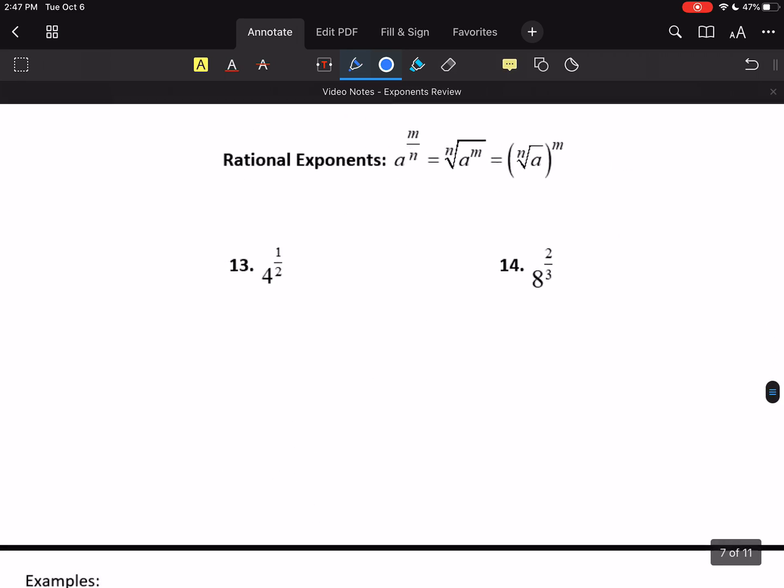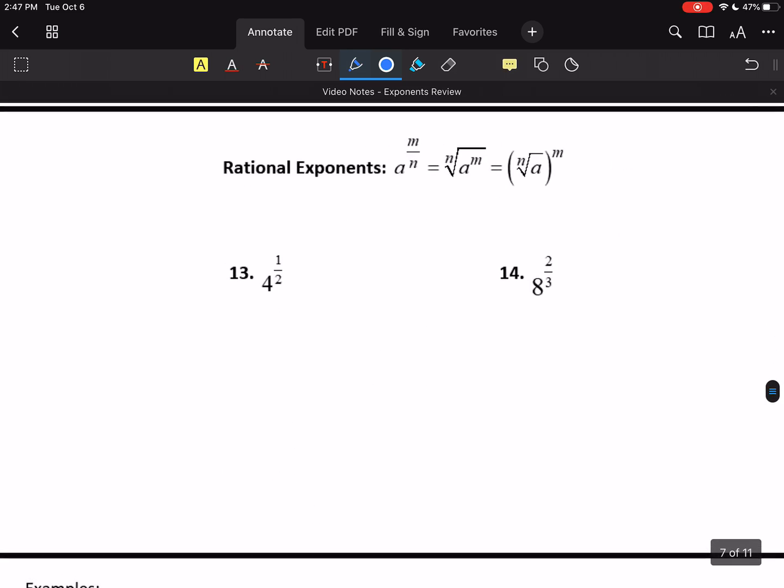Last property or rule are my rational exponents, so my fraction exponents. When I have a fraction exponent, the numerator is the exponent, the denominator is the root. And there are 2 ways we can write it. Okay, the exponent can be on the inside of the root or on the outside of the root, like it is here.